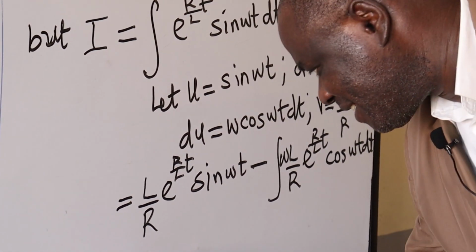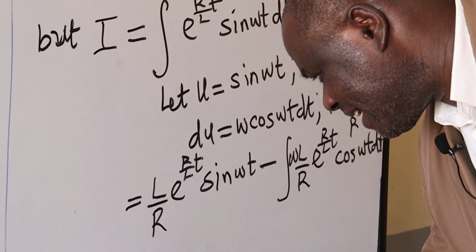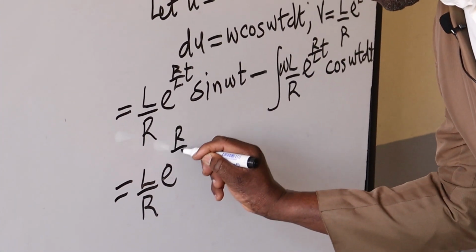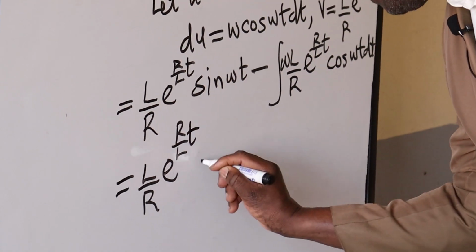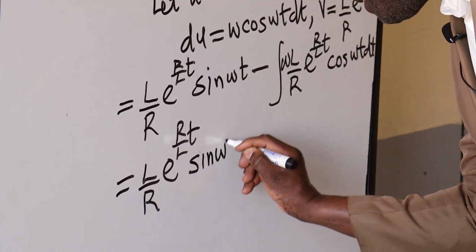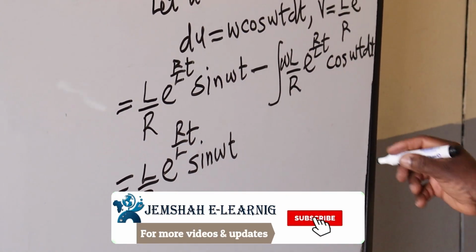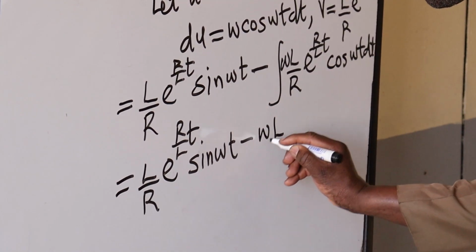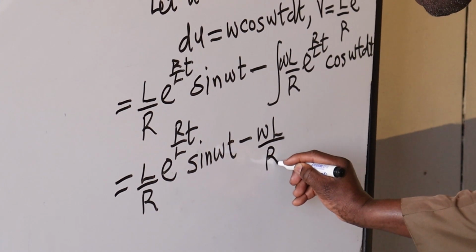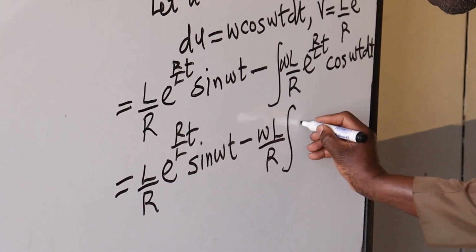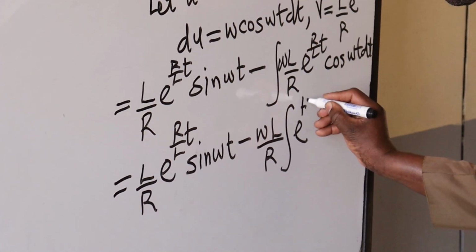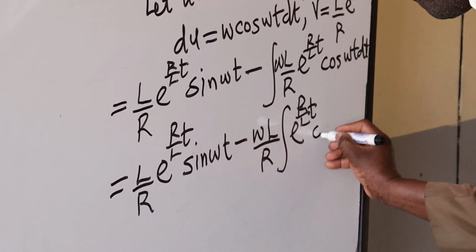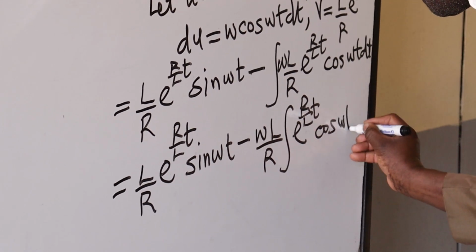which simplifies to L over R e power R all over L t sine omega t minus omega L all over R, the integral of exponential R all over L t cos omega t dt.